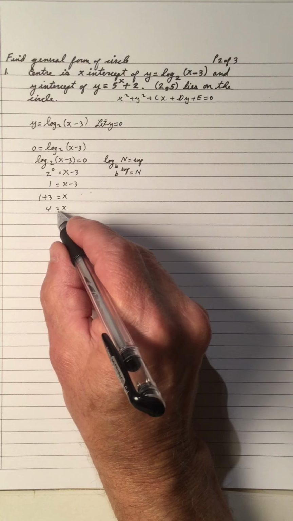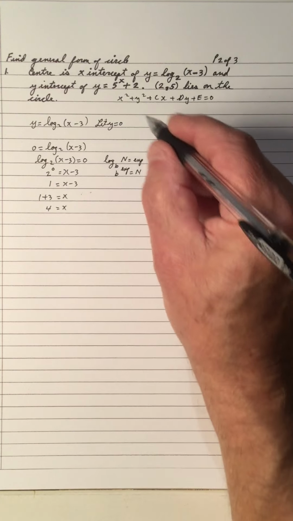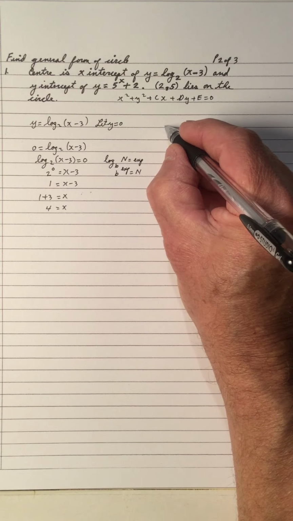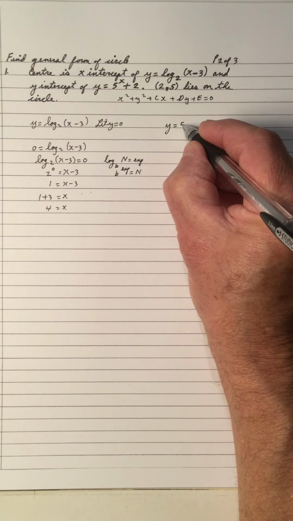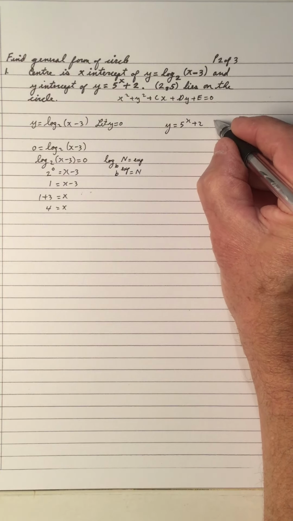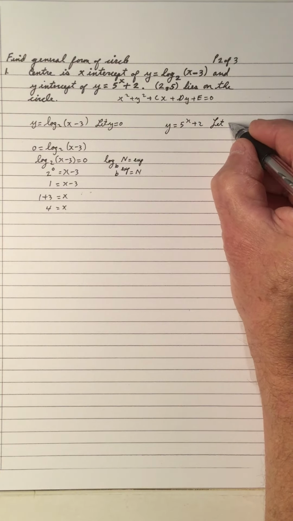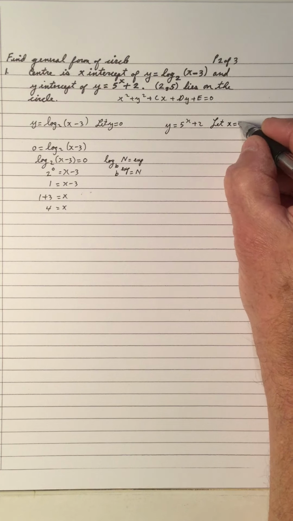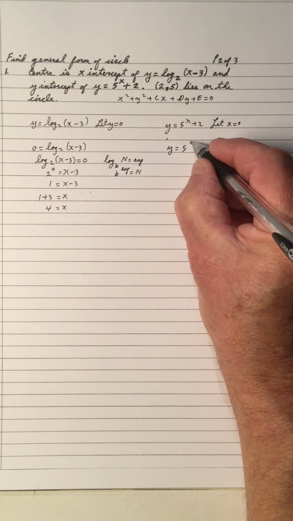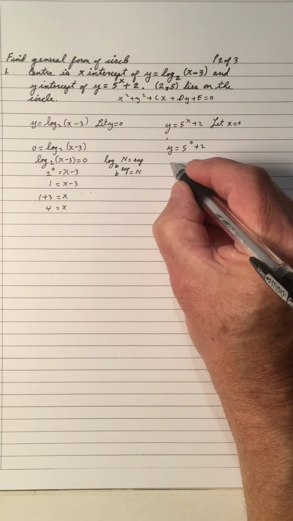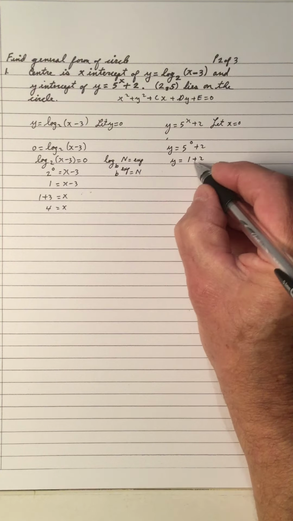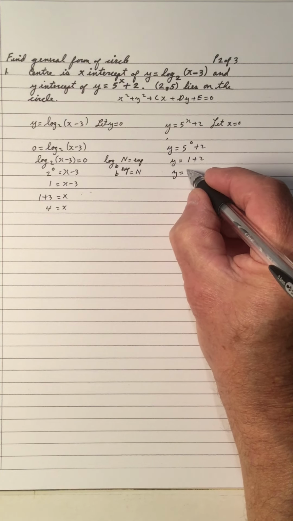So the center has a 4, the x-intercept. Now we have to find the y-intercept of y equals 5 to the x plus 2. We let x equal 0. So y equals 5 to the 0 plus 2. 5 to the 0 is 1, and 1 plus 2 is 3.